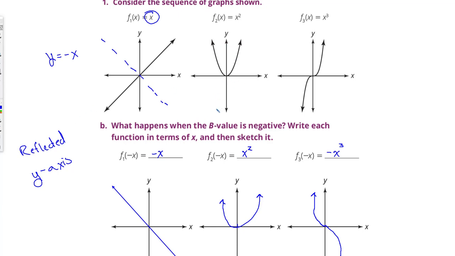What can I fold this line over? The y-axis. What about this one? You can't really fold it. Okay.